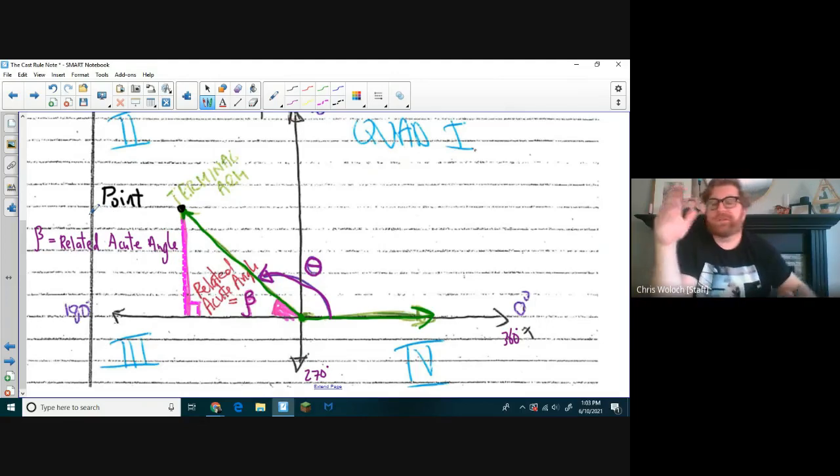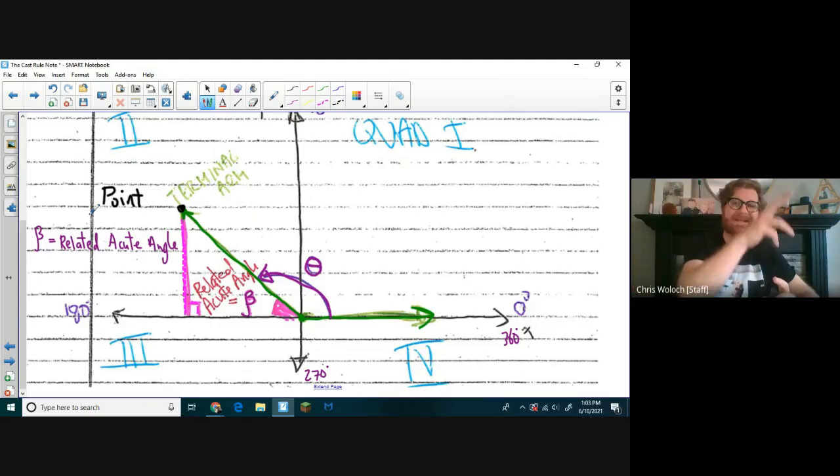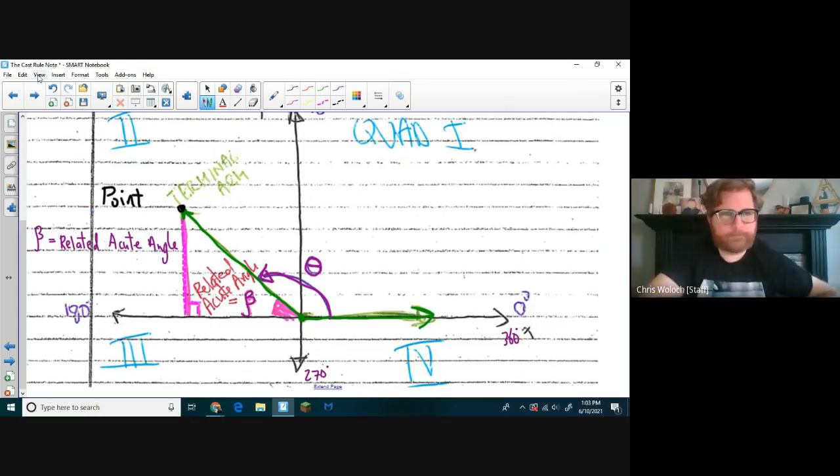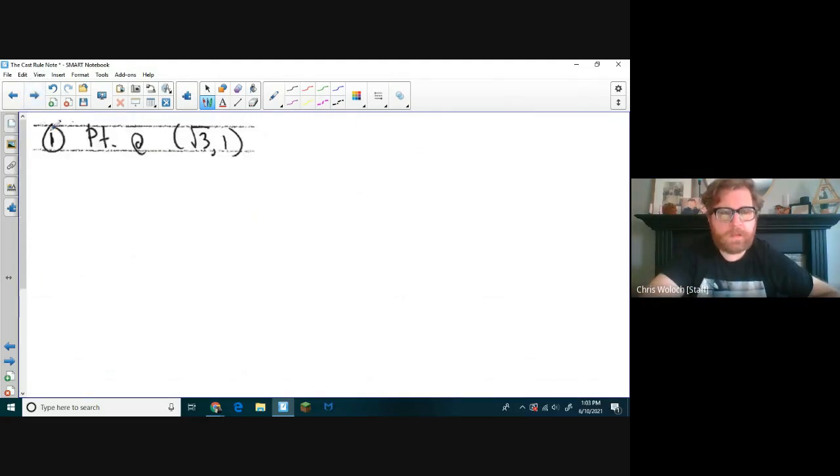So what we're going to do is essentially look at this exact same type of question as yesterday, just now I am going to be in different quadrants. All right. So let's look at one here, which is just going to be going over what we did yesterday.